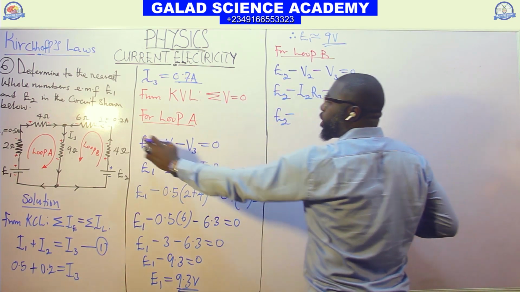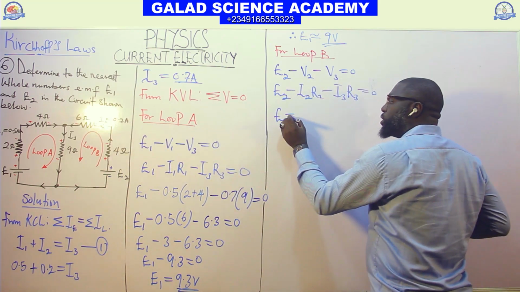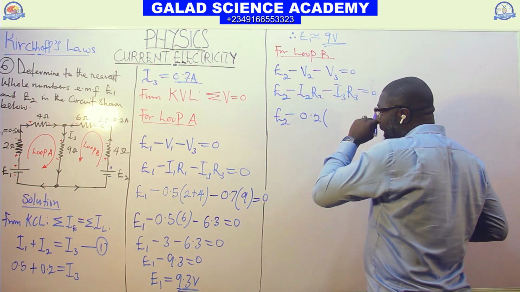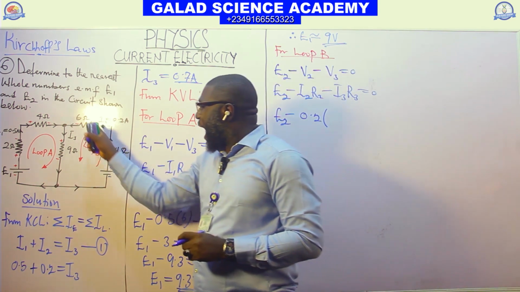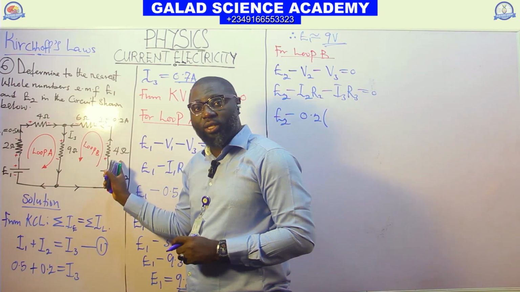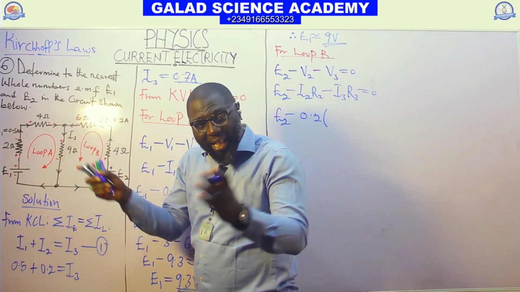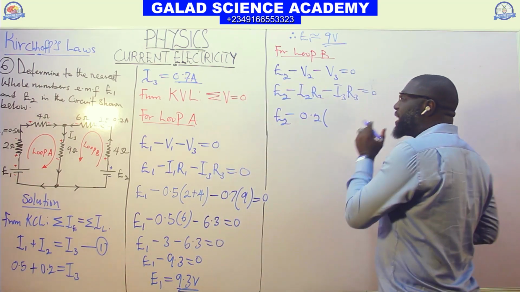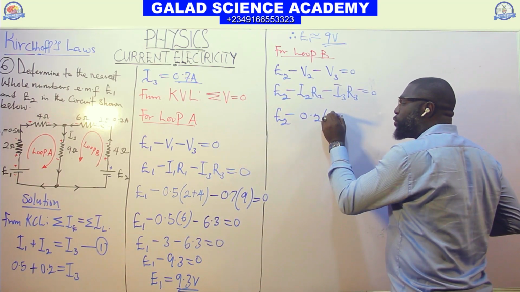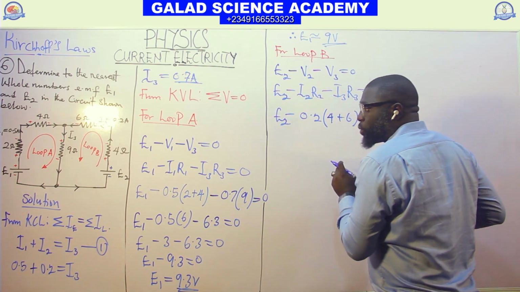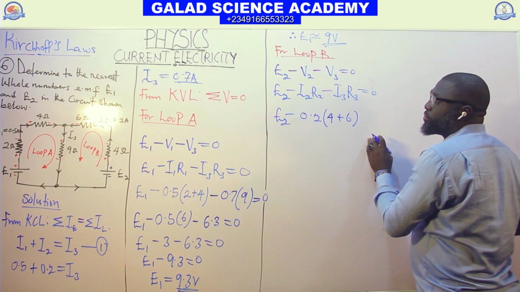What is I2? The current I2 given from the question is 0.2 times the bracket. The R2 are in series, 4 and 6. Because the same current passes through them, you add them together. So by adding them together, 4 plus 6.